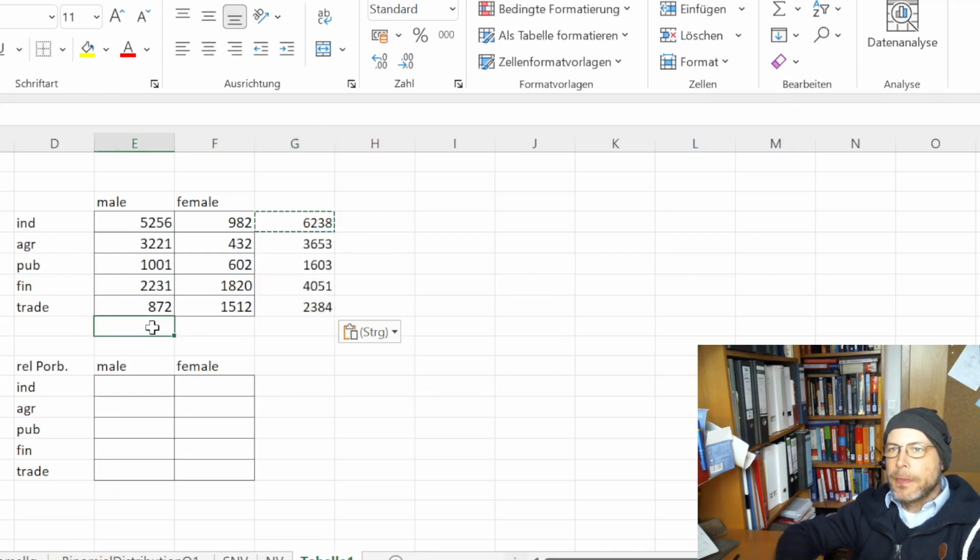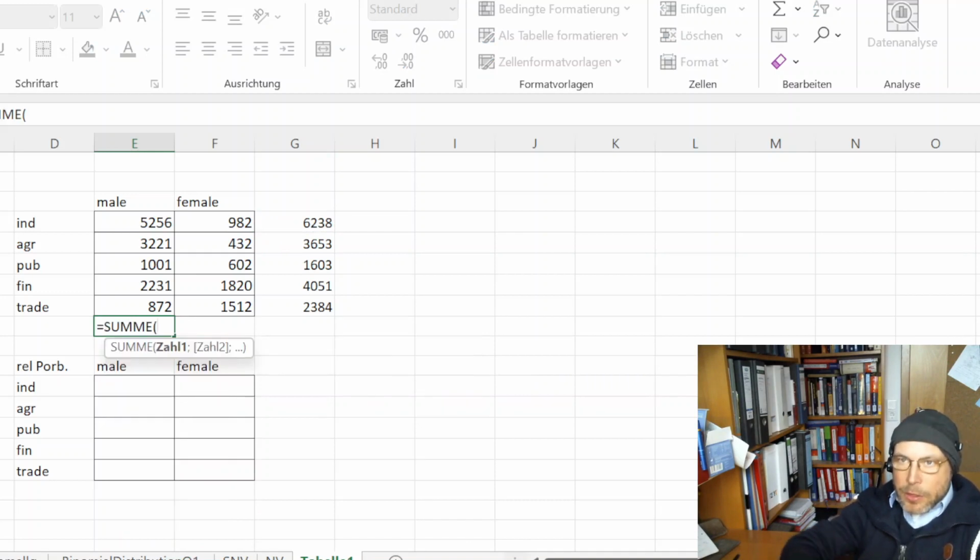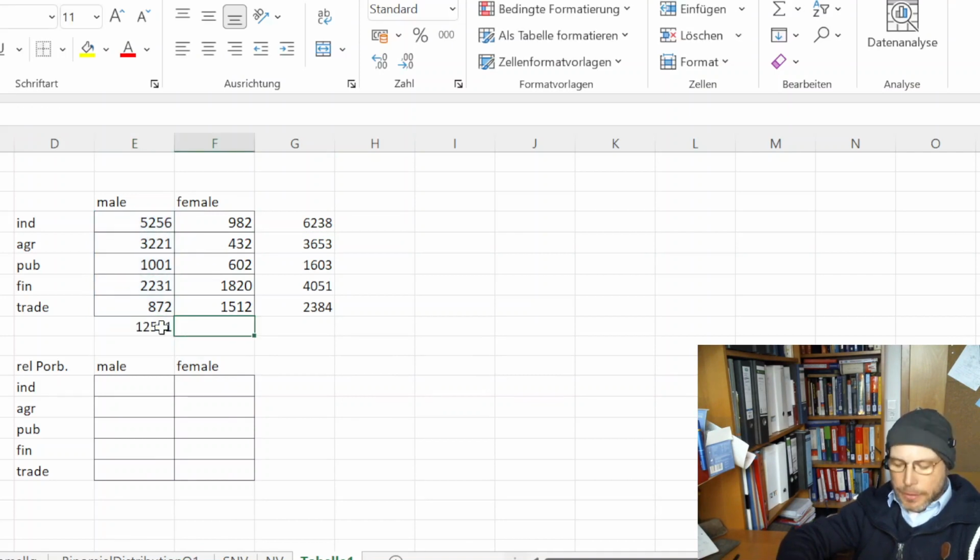So how many people are male? 12,000, this seems pretty well. And here we just make the sum of all these numbers here. And we go to the other side.